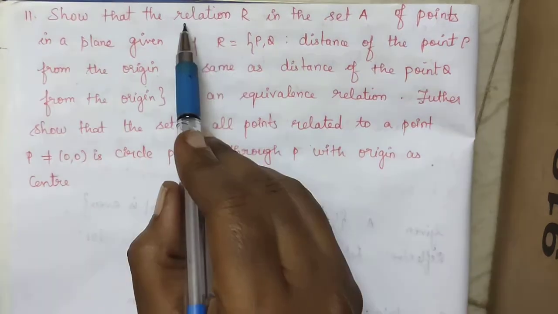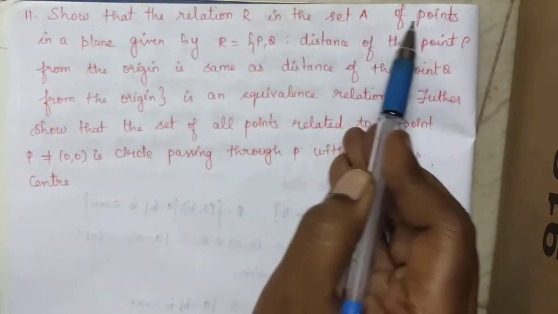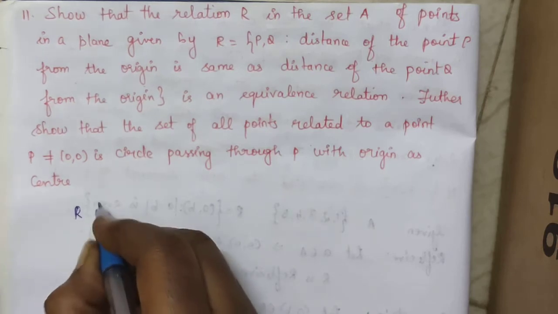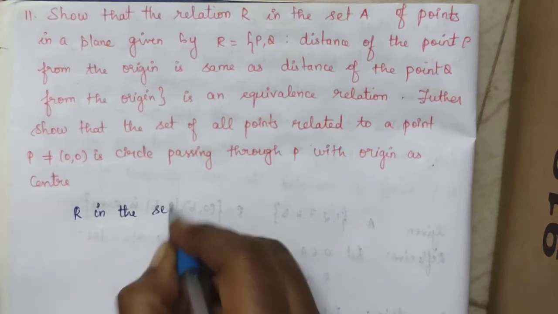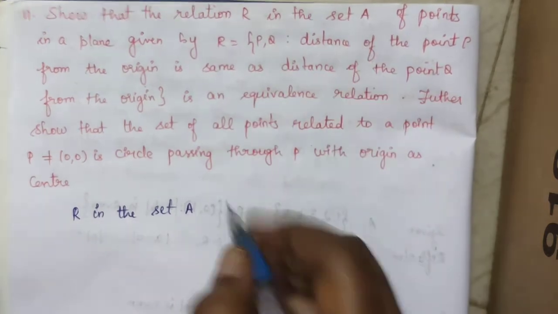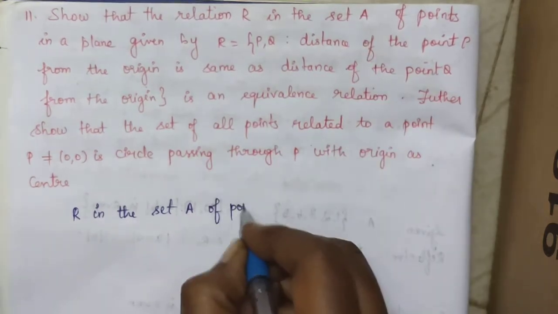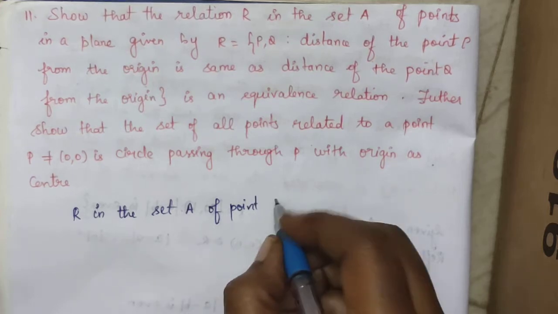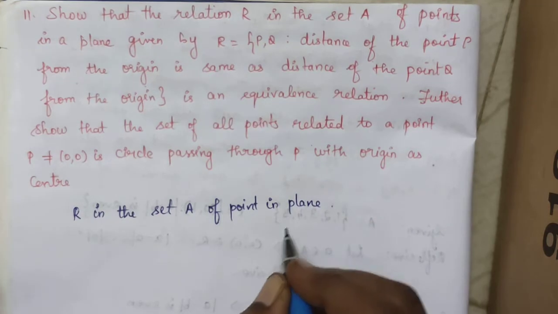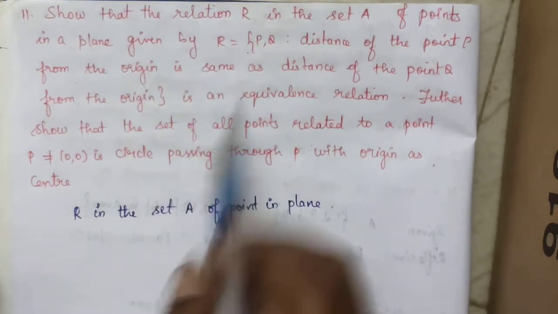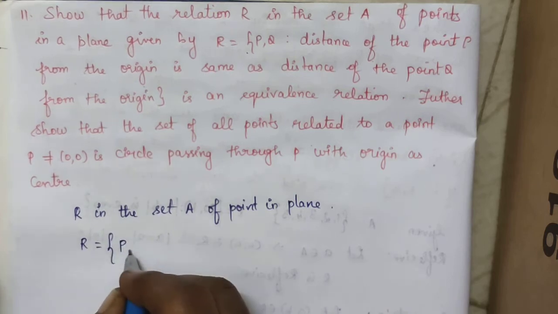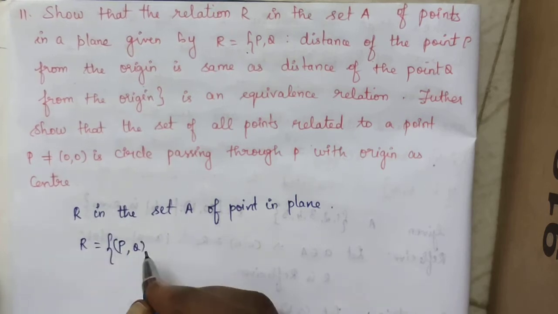See, what we need is a relation R in the set A of points in a plane. R is in the set A, where A is the set of points in the plane. Now R is equal to (P, Q).